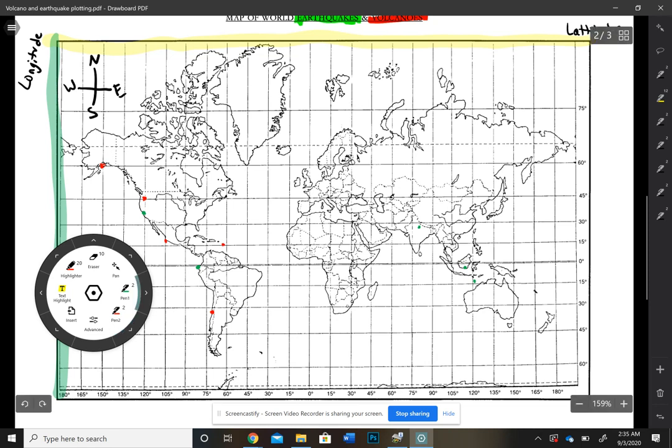I'm gonna go back to earthquakes now. I don't have an actual pen with me, so I'm just folding my paper.